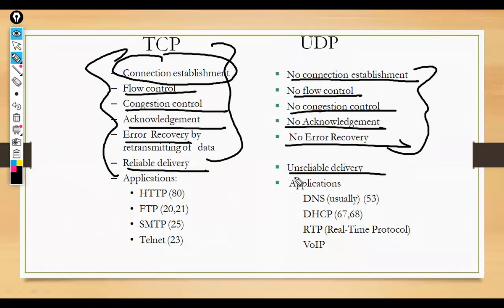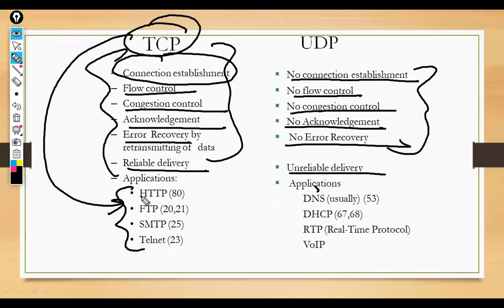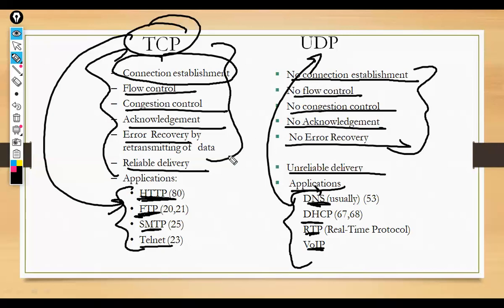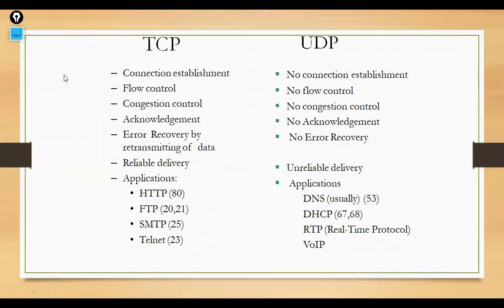Clear? TCP is used by applications like HTTP, FTP, SMTP, Telnet, etc. And DNS, DHCP, RTP voice are the protocols which use UDP for transporting their data. So this is the difference between TCP and UDP.